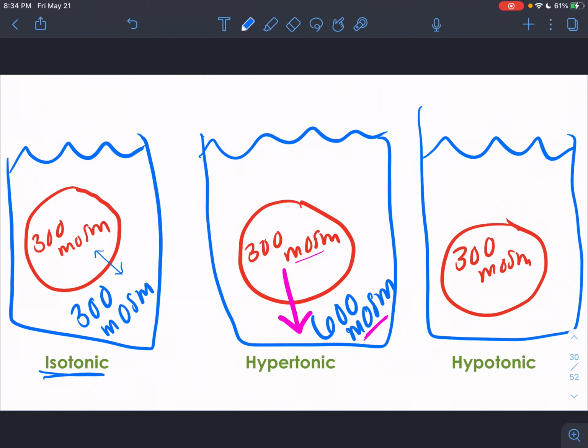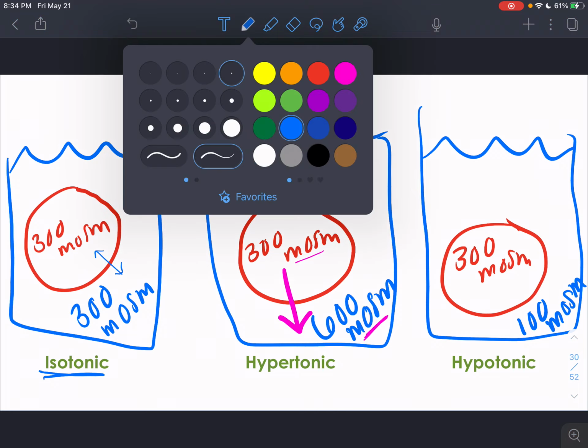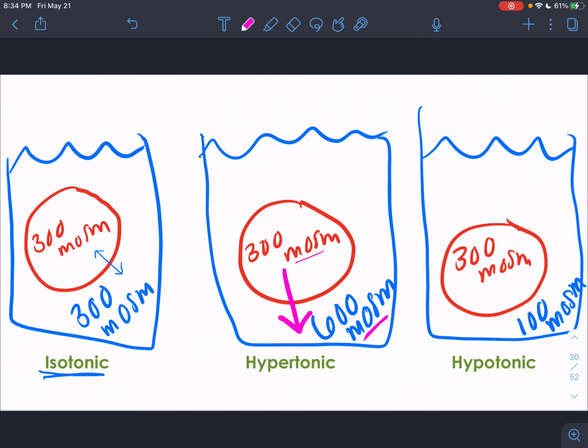The last example is the opposite of that. So if we have a solution that has a concentration lower than the cell, again, we're not at equilibrium, so water is going to want to move. Water is going from a low solute to a high solute concentration. So water is going to go into the cell and try to dilute that internal concentration.